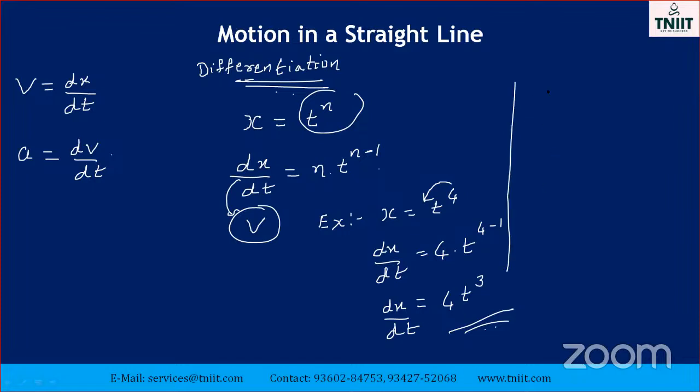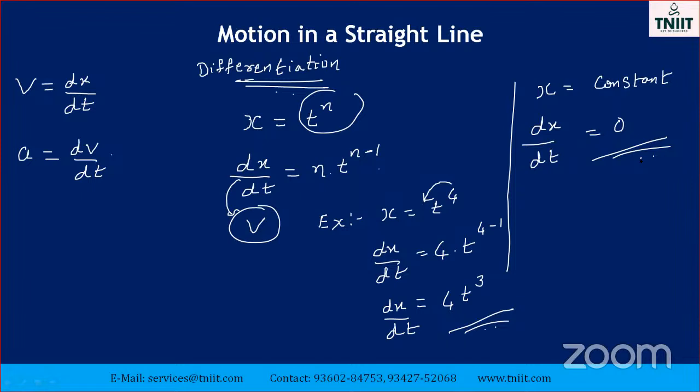4 into t cube. Similarly, if x is equal to constant, please remember the differentiation dx by dt is 0. What is the differentiation of x with respect to time? 0. If x is constant, dx by dt value will be 0.